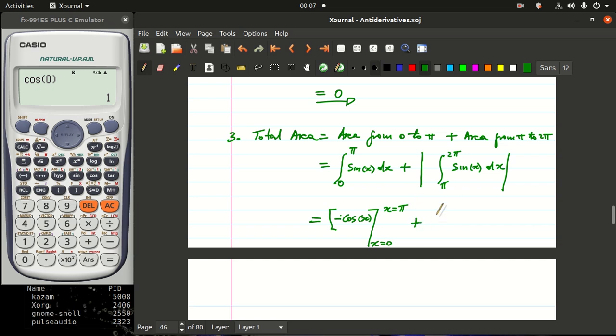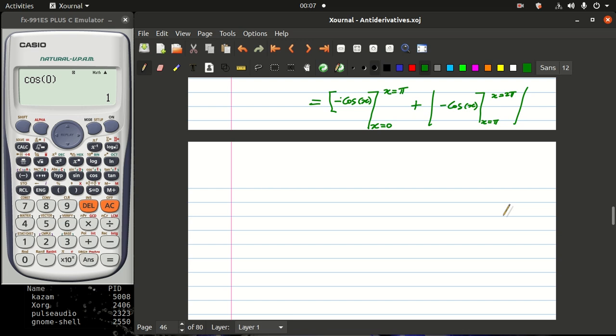And then plus the absolute value of the antiderivative of this, which is minus cosine of x, and I want to evaluate it when x is equal to pi and when x is equal to 2 pi. Of course, I'm looking for the absolute value of that. And then when it comes to this one, I will end up getting something like minus cosine of pi, minus minus cosine of 0, and of course this is the answer that I will get from here.